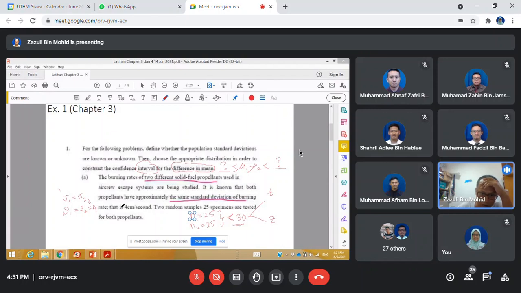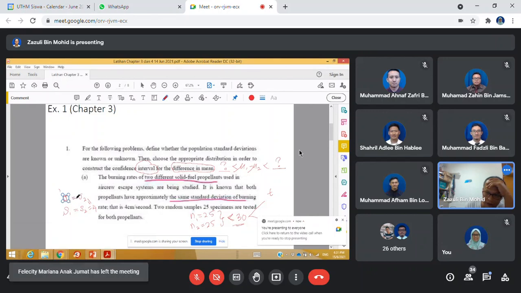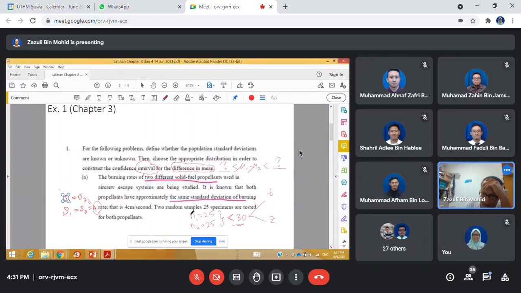Dia ada two different solid fuel. It's known that both propellant have approximately the same standard deviation. Maknanya standard deviation adalah boleh jadi sigma 1 equal sigma 2, boleh juga jadi S1 equal to S2, which is the value is 4. Two random sample, 25 specimen were tested.